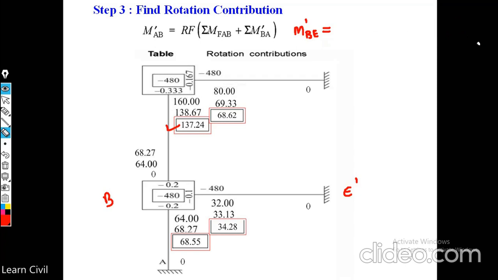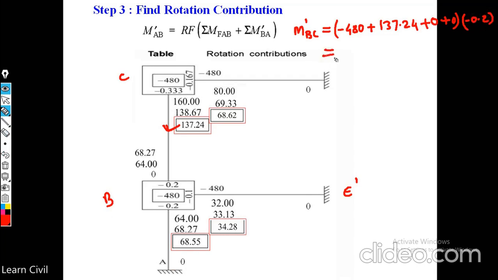Similarly, we have to find out the rotation contribution for member BC. So M dash BC is equal to the summation of the fixed moment at joint B, that is minus 480, plus the rotation contribution at far end, that is 137.24, plus 0, so ignore that, and multiply this with the rotation factor, that is minus 0.2.